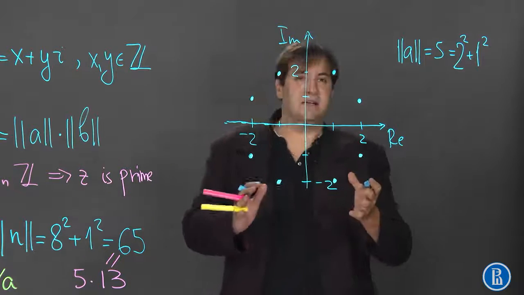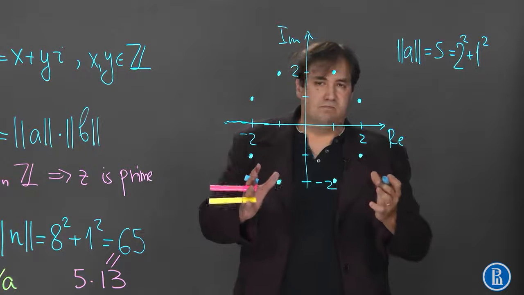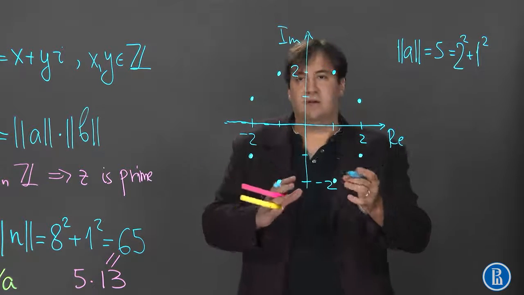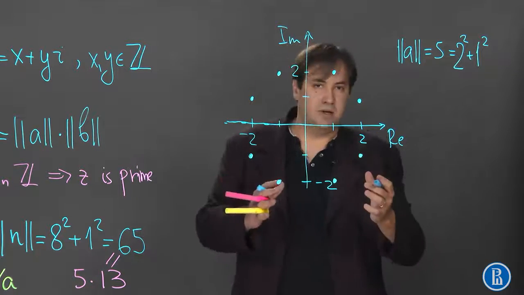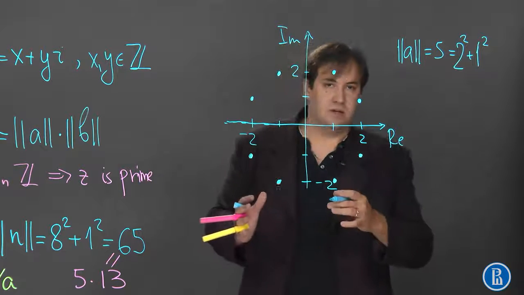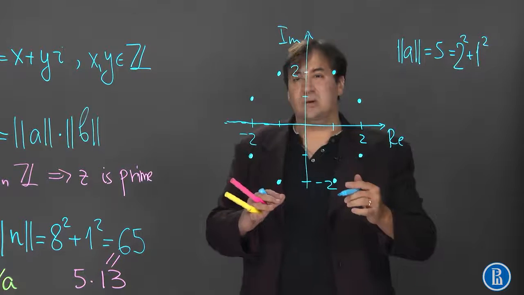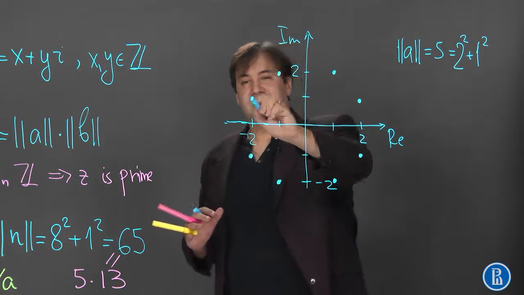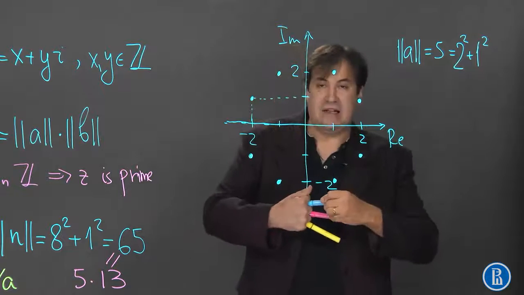So we have indeed 8 such complex integers. I believe it's clear that all these points have real part equal to 2 or minus 2 or 1 or minus 1, and the same about the imaginary part, so I don't need to connect these points with lines.